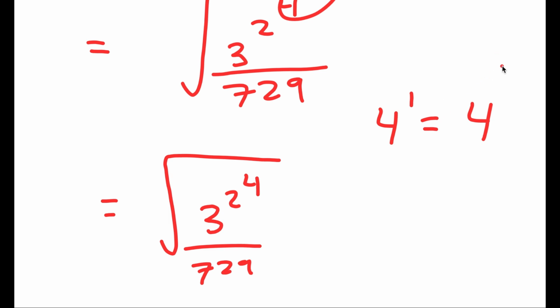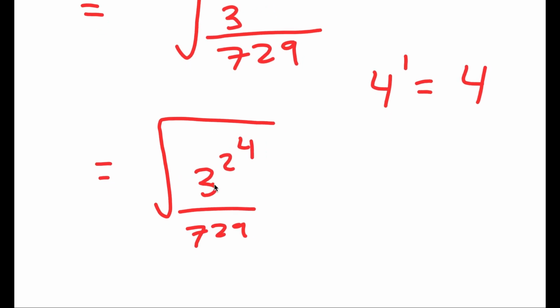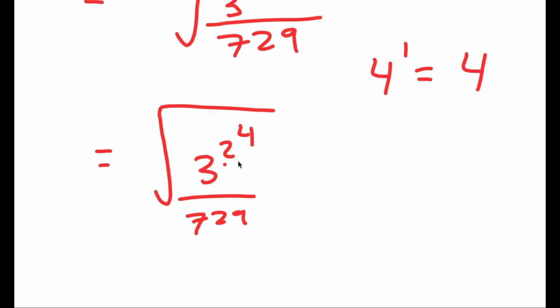So we've simplified this by a lot now. So all that's left is 3 to the power of 2 to the power of 4 over 729 and the square root of all of that.